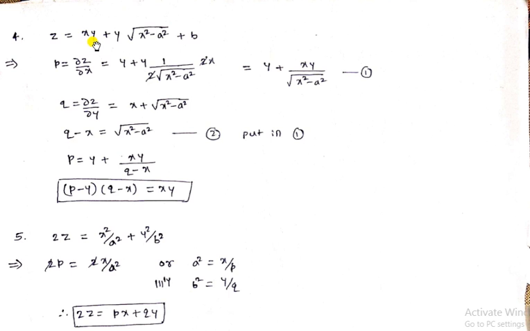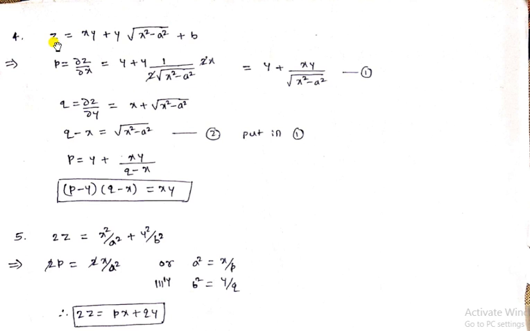Differentiation of xy with respect to x is y, plus y into the differentiation of square root of x square minus a square, which becomes 1 divided by square root of x square minus a square, and the differentiation of x square becomes 2x, and the differentiation of b is 0. So 2 and 2 cancel out. So p equals y plus xy divided by square root of x square minus a square.